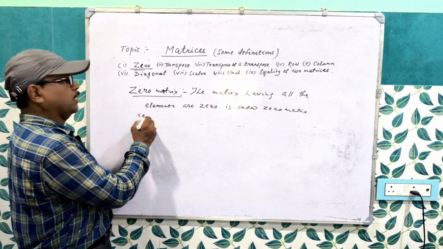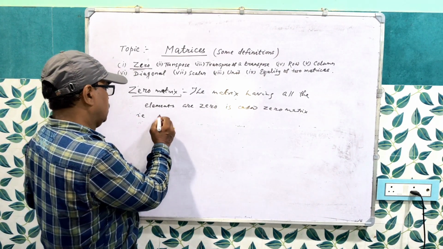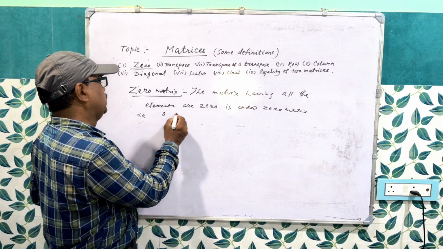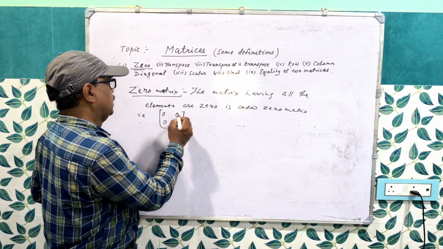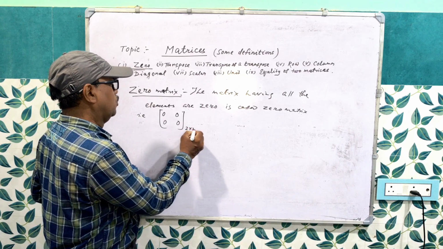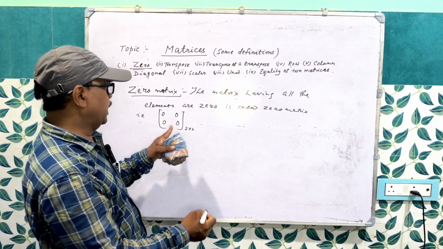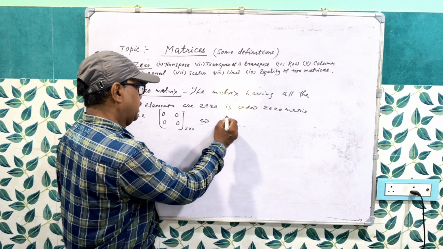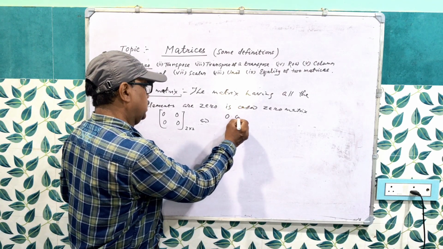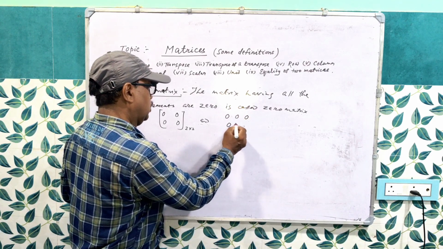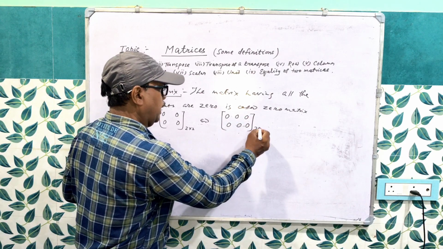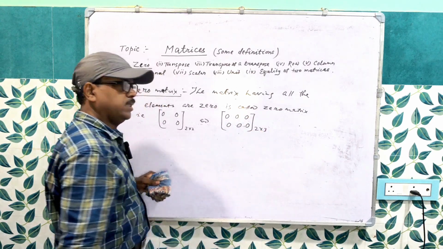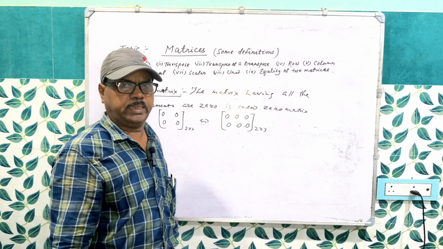That is, let us take an example. Suppose 0 0 0 0 in the order 2 by 2 is a zero matrix, and 0 0 0 0 0 0 of order 2 by 3 is also a zero matrix.